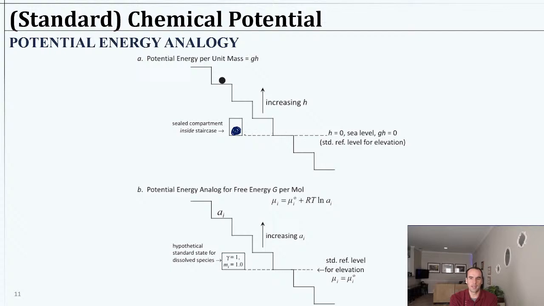So if we then take it out of that condition and drop it, it could go further down, it could go negative, right? We could have a negative potential energy because it would take energy to lift it back up. Or if we took it upward, then it would have a positive potential energy. So all of that is to say it's a little bit arbitrary, just like 25 Celsius is a little bit arbitrary.